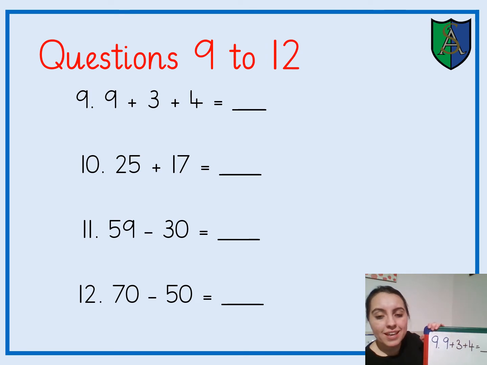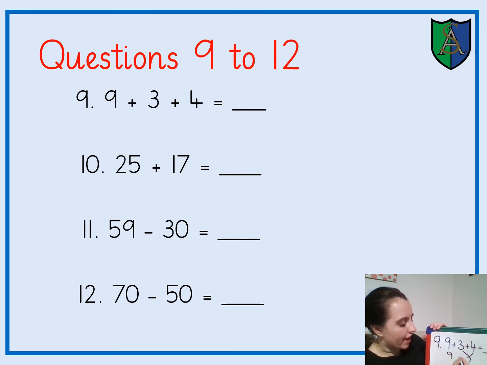So if I was working this out, I would say that the number 4 doubled is 8. So double 4 is 8, and then we just need to take 1 away because it's not 4 here, it's the number 3. So the number is 7. Then over here, we've got the number 9. We're going to move it down and add it to our number 7.